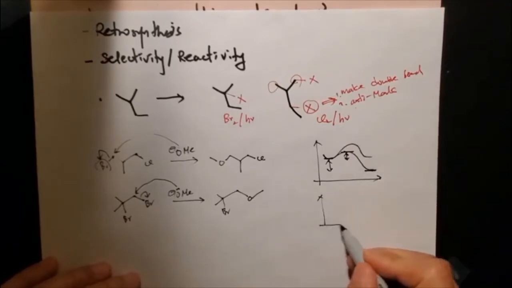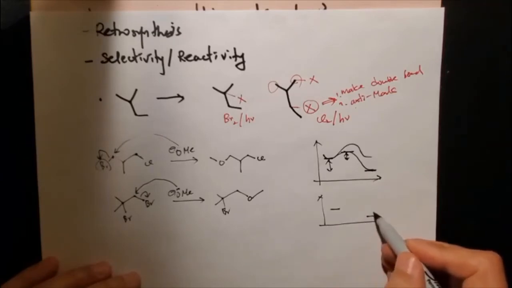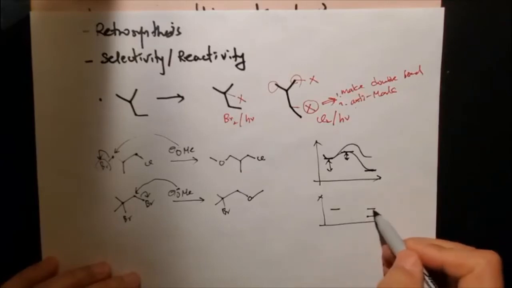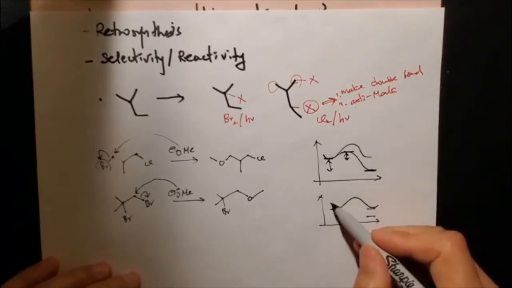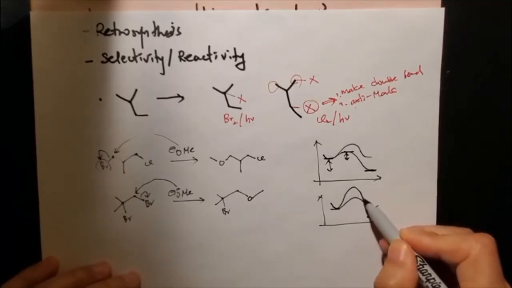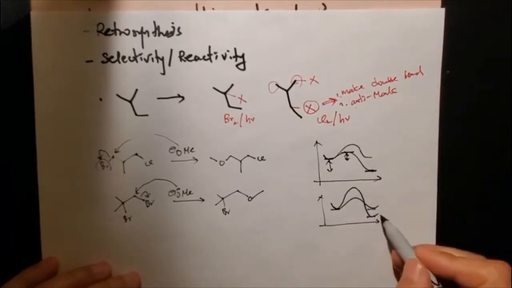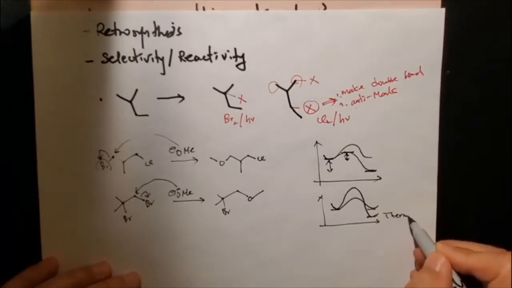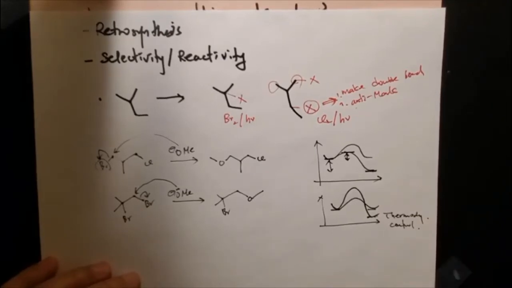Sometimes the sterics change everything. Starting from the same reactant, you have a more stable and a less stable product. However, the less stable can be formed through less steric hindrance with a low activation energy, while with more steric hindrance you can get the more stable product. So we call this case thermodynamically controlled product.